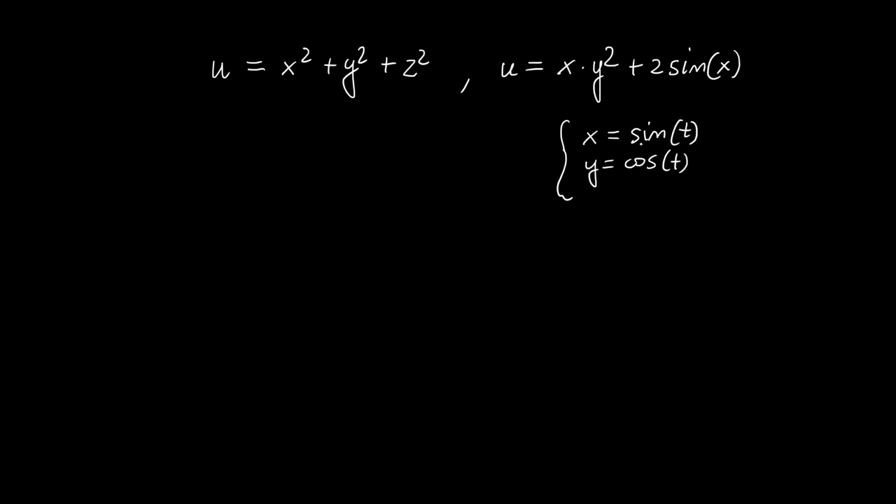Usually it is opposite, but nothing stops us from having a situation where x is equal to sine of t and y is equal to cosine of t.